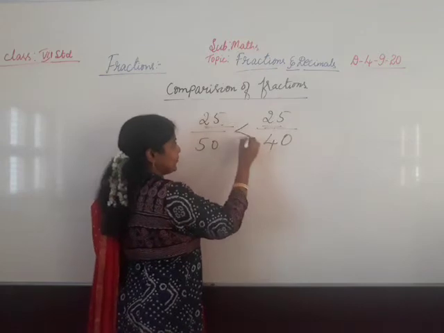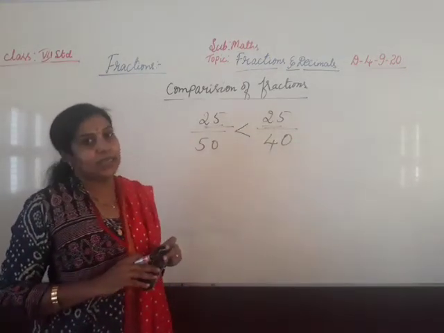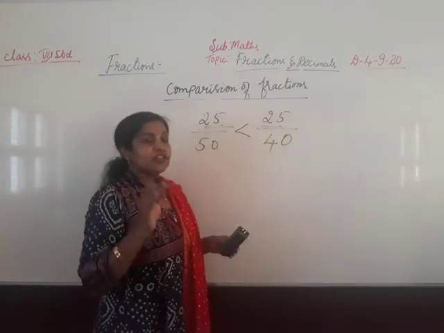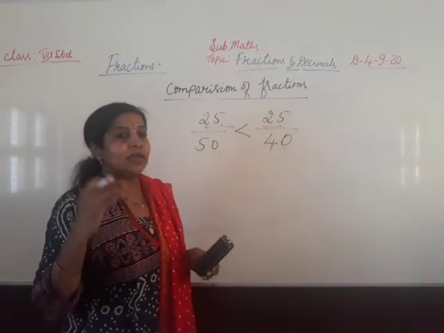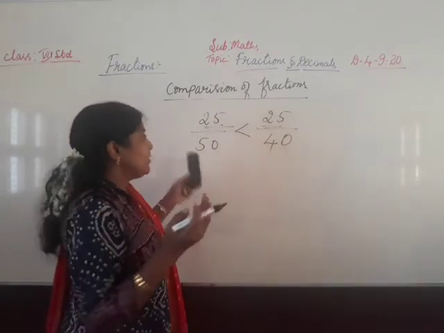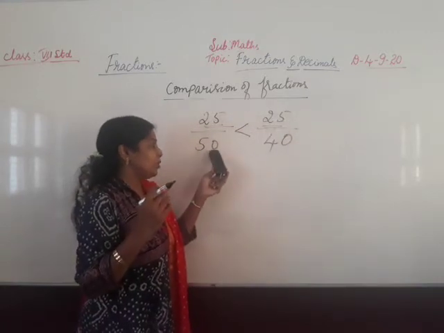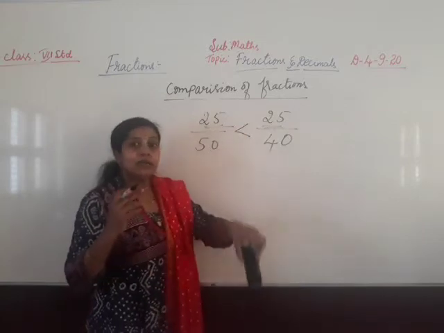So 25 by 50 is less than 25 by 40. Understood? When denominators are the same, the fraction with the lesser numerator has a lesser value, and the greater numerator has a greater value. When numerators are the same, the fraction with the lesser denominator has a greater value, and the greater denominator has a lesser value.